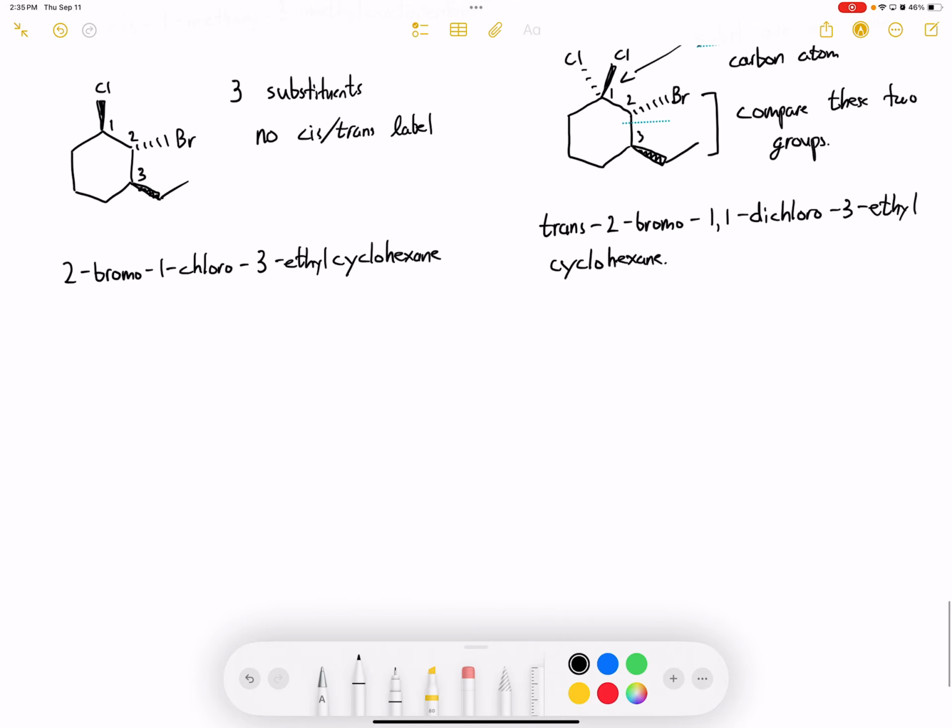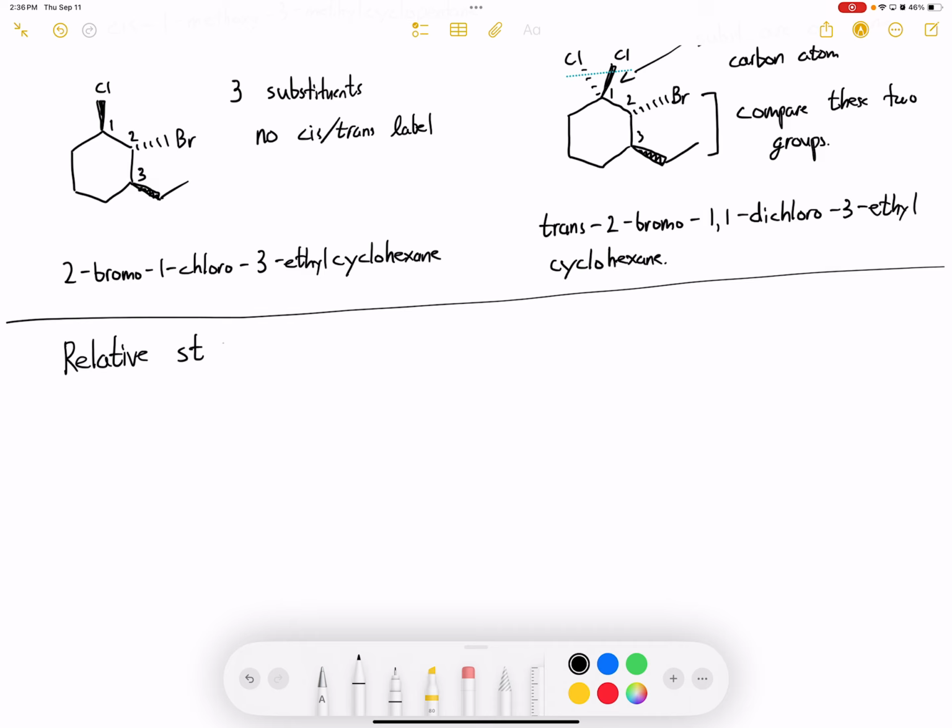So we'll talk a little bit about the reactivity of cycloalkanes, and start talking about the stabilities of each of them, and then we'll work our way to drawing these structures in 3D. Let's start with the relative stability of cycloalkanes. One way to test the stability of cycloalkanes is to test their heat of combustion.